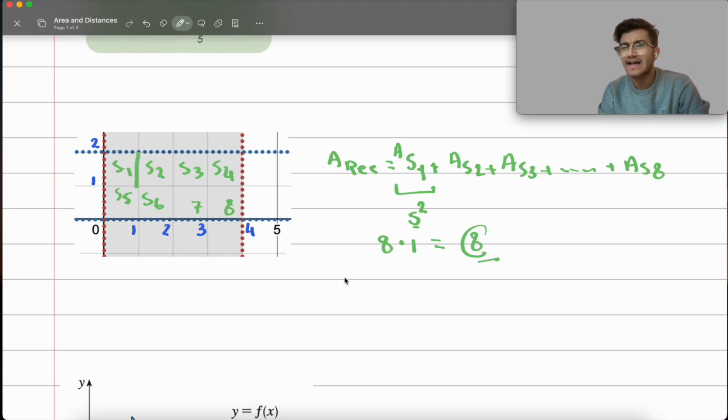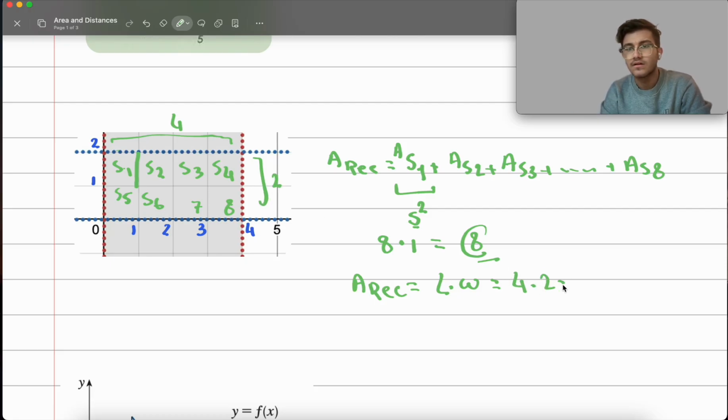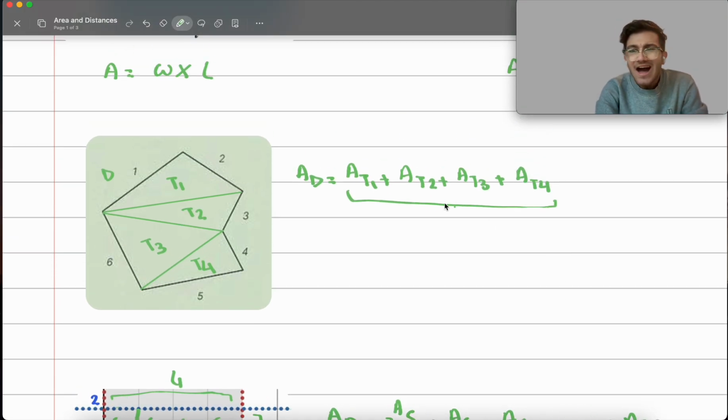But is this the same as saying that the area of a rectangle is length times width? Yes, it is. The length is 4 units, right here, and the width is 2 units. So if from the beginning I say 4 times 2, that gives me 8, which is the same as this one. So this method works.